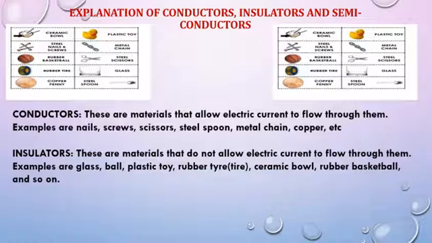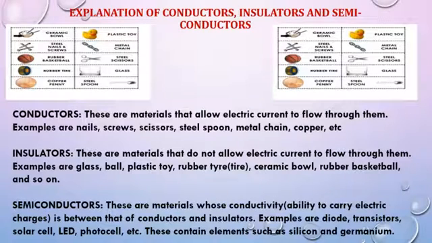The third one, I call it the betweener. So what are semiconductors? These are materials whose conductivity, that's the ability to carry electric charges or electric current, is between that of conductors and insulators.